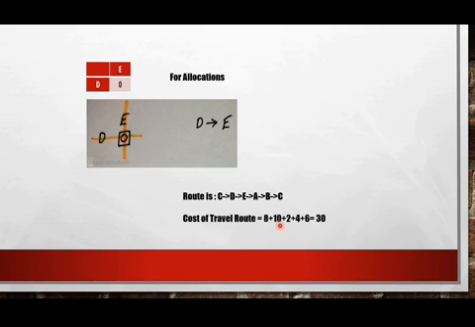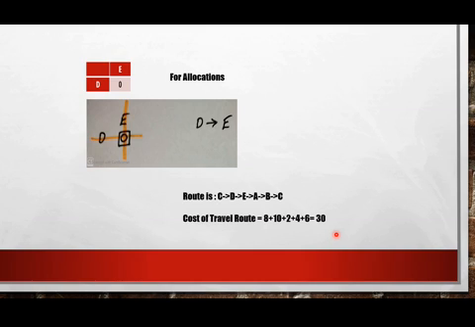So 8 plus 10, 18. 18 plus 2, 20. 20 plus 4, 24. 24 plus 6, 30. So the least cost of traveling the route C to D, D to E, E to A, A to B, B back to C is 30. Fine. Is the problem tough?